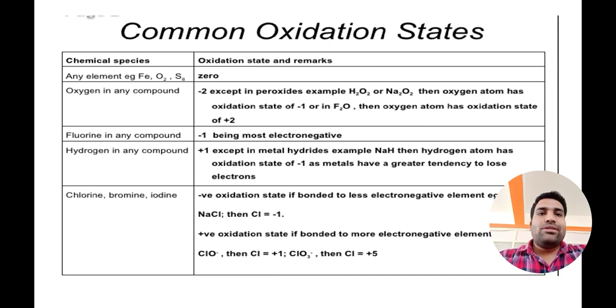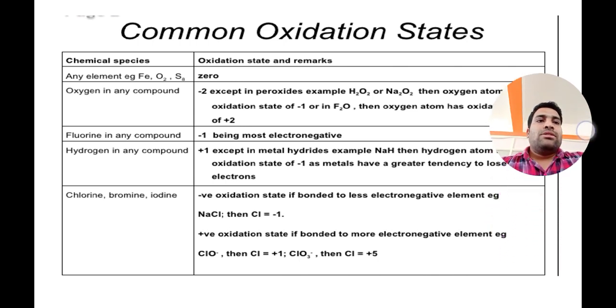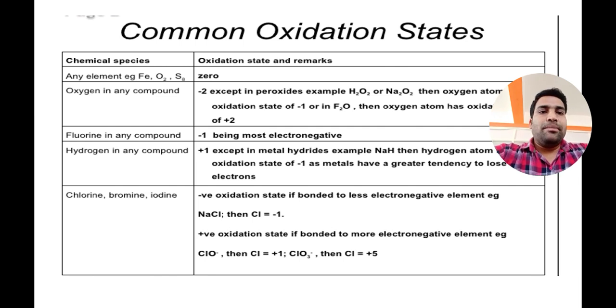Hydrogen in any compound is plus 1, except in metal hydrides, for example NaH, where the hydrogen atom has an oxidation state of minus 1, as metals have a greater tendency to lose electrons. Chlorine, bromine, iodine have a negative oxidation state if bonded to a less electronegative element, for example NaCl, where Cl is minus 1.